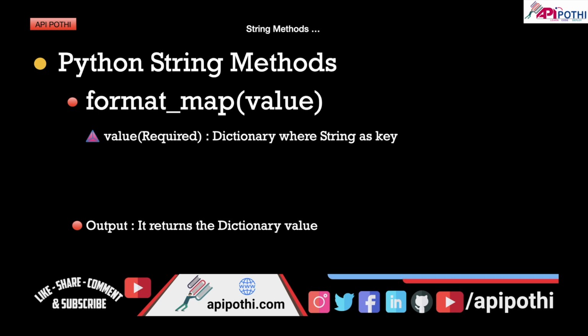Technically format_map requires an argument, which is mandatory. The argument is an instance of the dictionary. In the dictionary we will have a key and a value. So once we provide the dictionary into format_map, it will help us get the dictionary value, not the key.